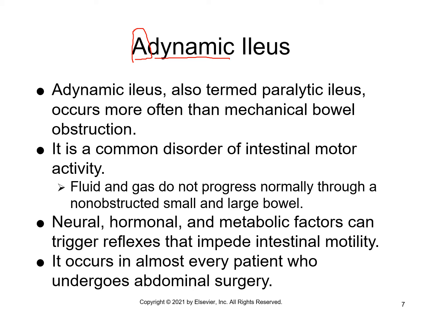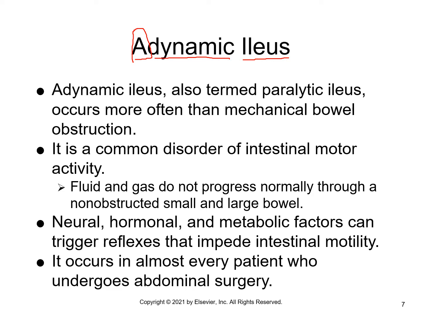Ileus refers to an obstruction. Okay, so another name for the adynamic ileus, which is probably more commonly used, is the paralytic ileus. That means the bowel is almost paralyzed for a moment, and that causes an obstruction.